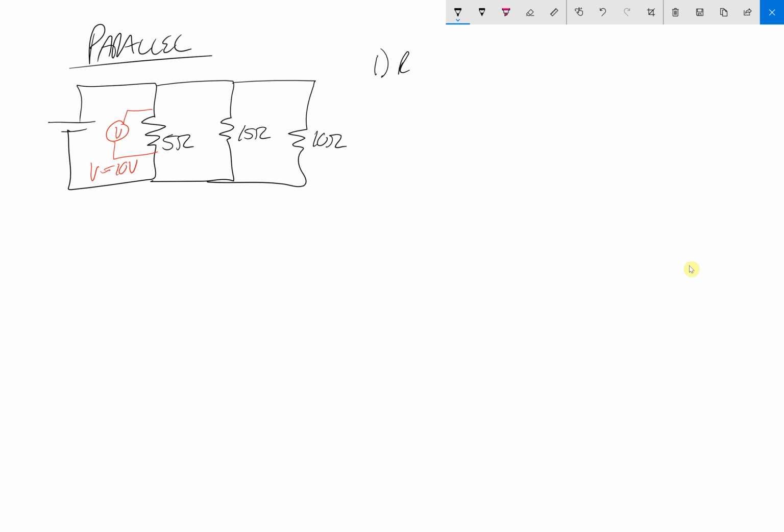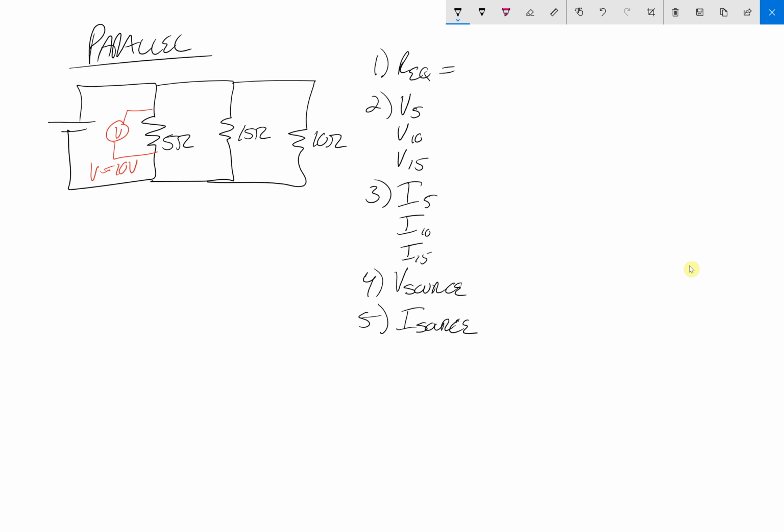1, what is the total resistance of our circuit? 2, what is the voltage on each resistor? V10, V15. What is the current on each resistor? So I5, I10, I15. What is the voltage of the source? What is the current coming from the source?